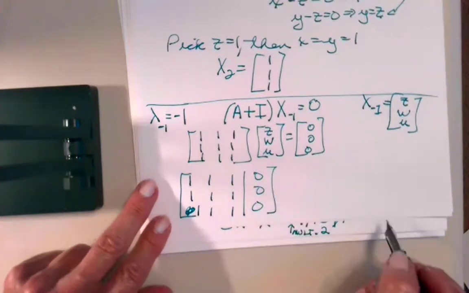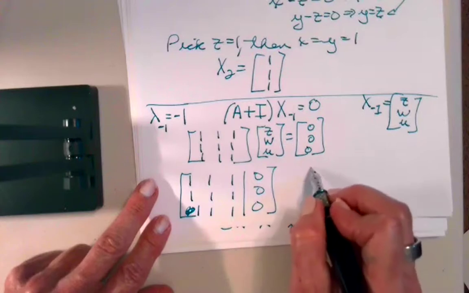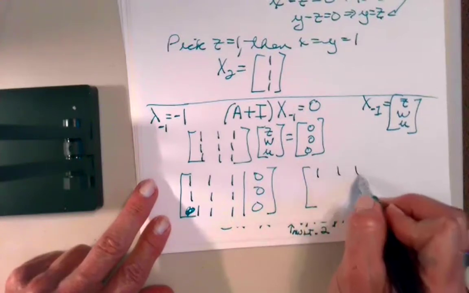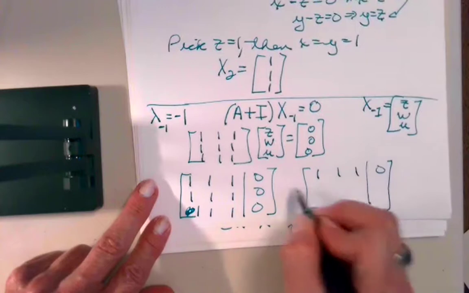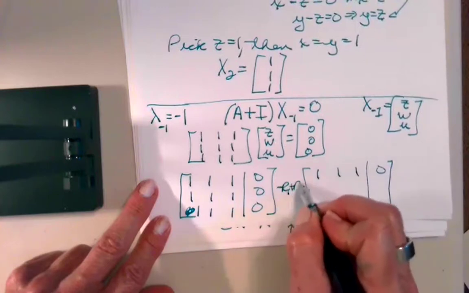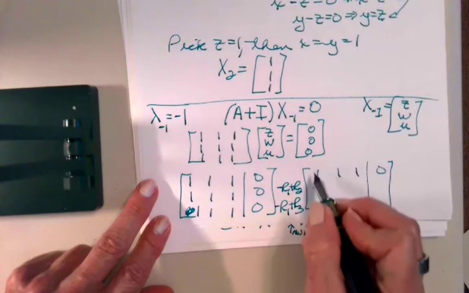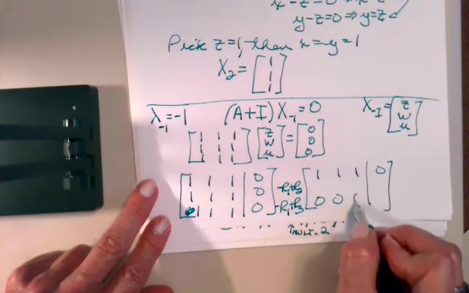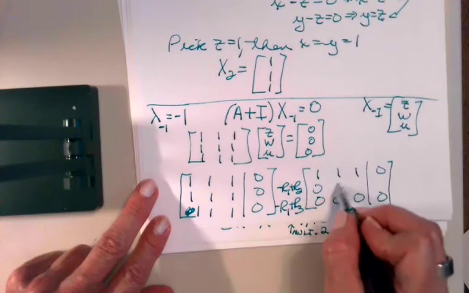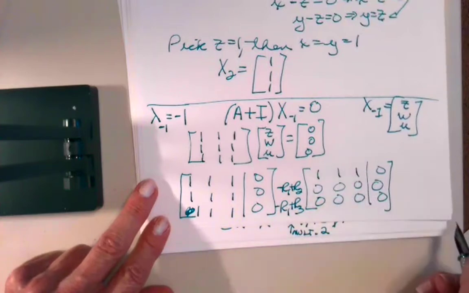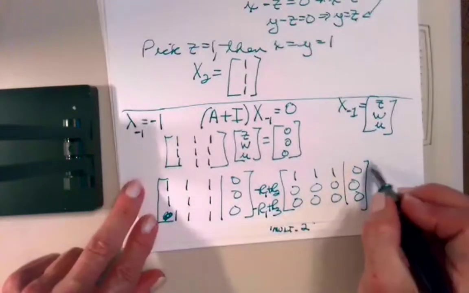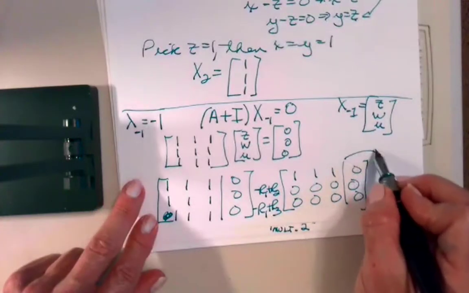Now it's not hard to see what's going to happen here. You write down the first row. And now you say minus row 1 and add it to row 2, and minus row 1 and add it to row 3. And when you do that, you will get 0, 0, 0, 0, 0, 0. And that's okay. That's not bad, because this first row tells you the information.